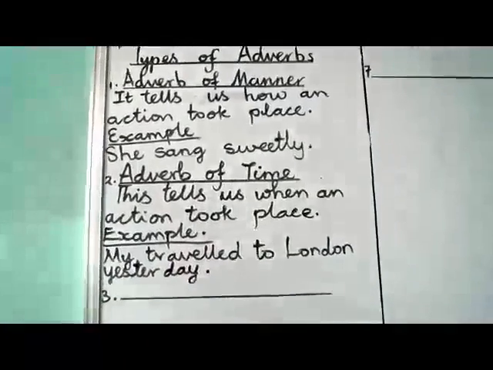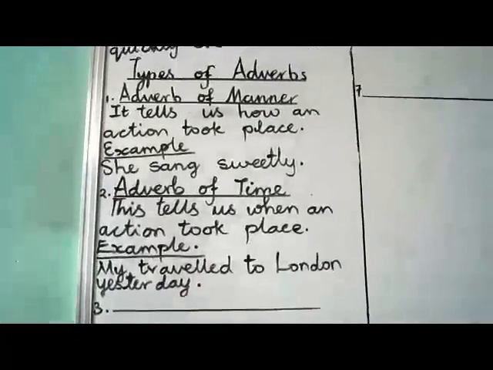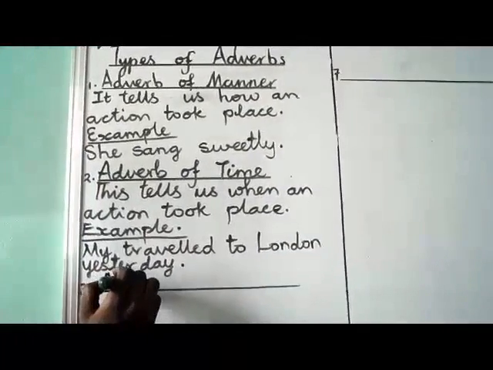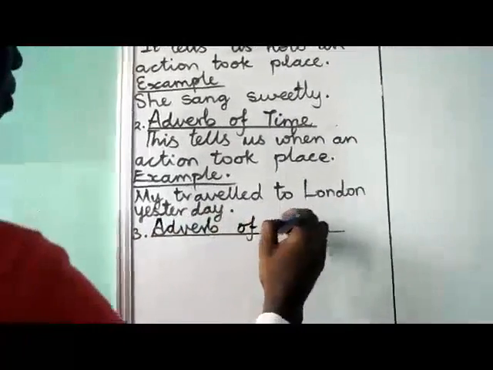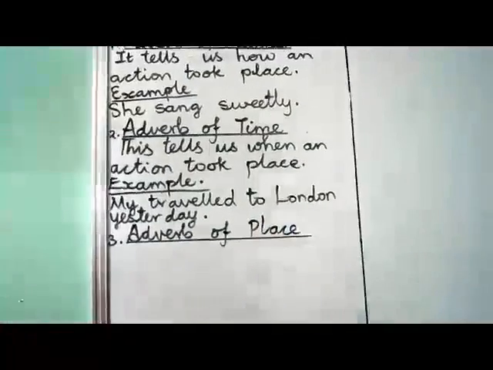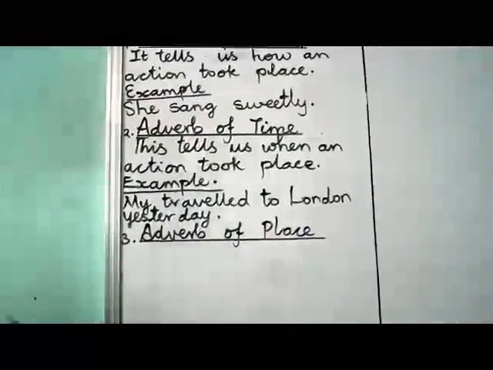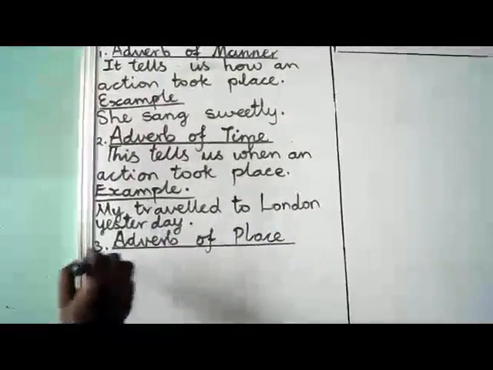That takes us to the third type of adverb, which is what? The adverb of place. The adverb of place tells us where an action took place. Take note of the word where.